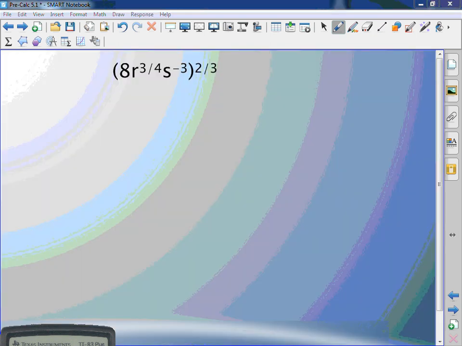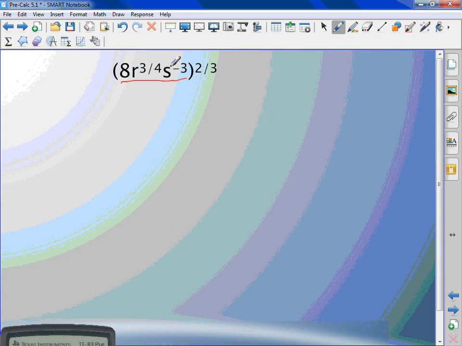Here's the first problem. This is just putting everything I just told you into one problem. I have 8r to the 3/4 power times s to the negative third, all to the 2/3 power. First thing I do is look on the inside. Is there anything I can do? Are there any other coefficients? Any other r's?